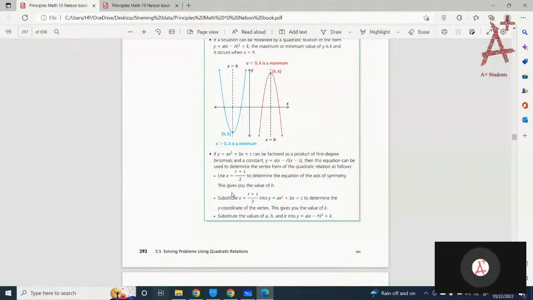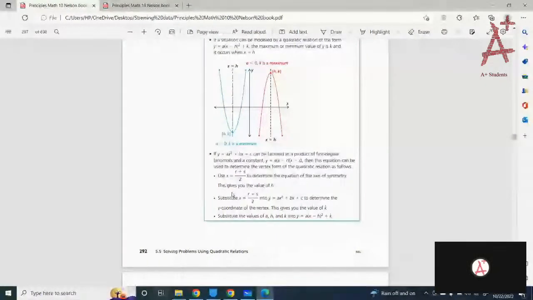Substitute x equals (r plus s) divided by 2 into the equation to determine the y coordinate of the vertex. Then substitute the values a, h, and k into y equals a times (x minus h) whole squared plus k.